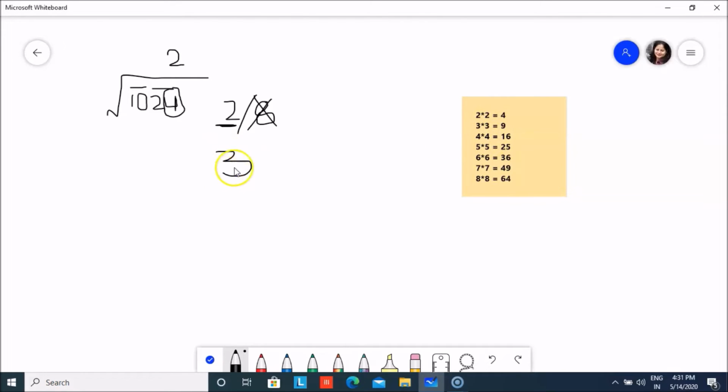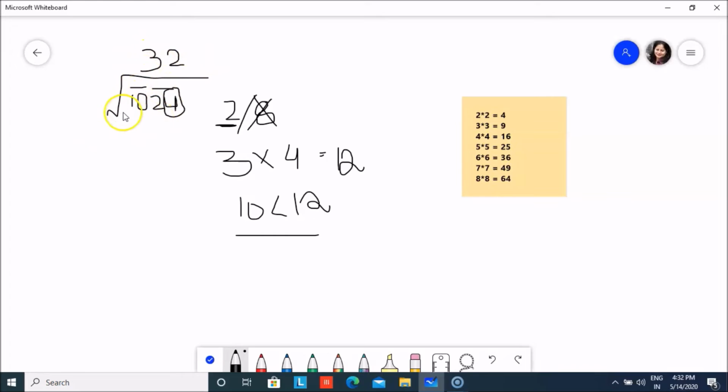So we're going to multiply 3 into 4, which is equal to 12. Now 10 is smaller than 12, and the smaller digit between 3 and 4 is 3, and 3 into 3 is 9. So the answer is 3.